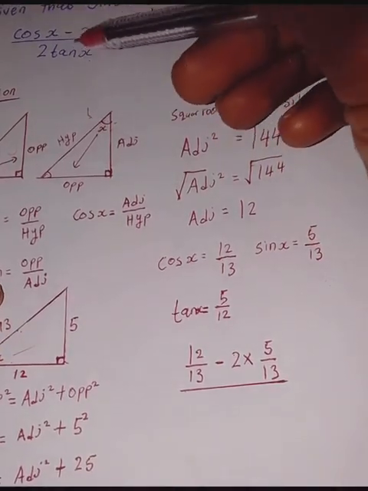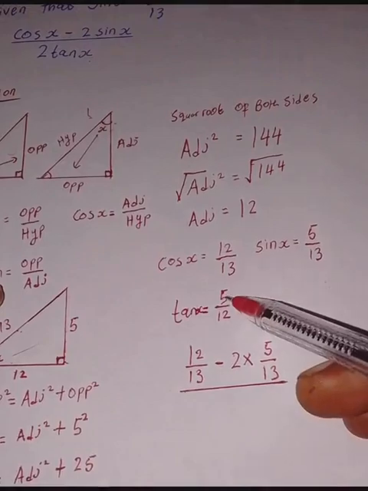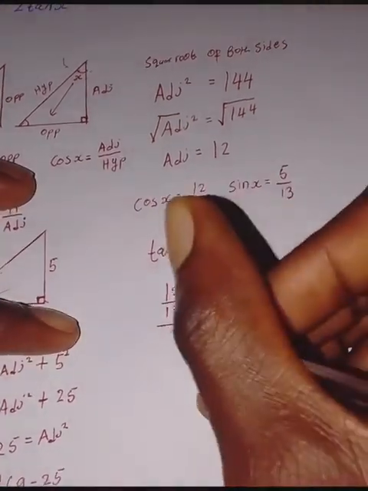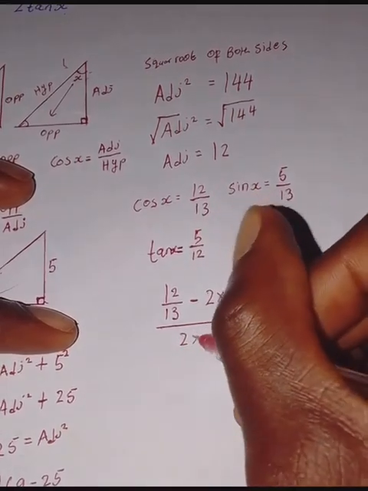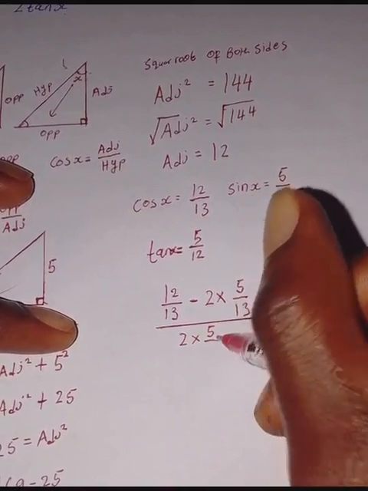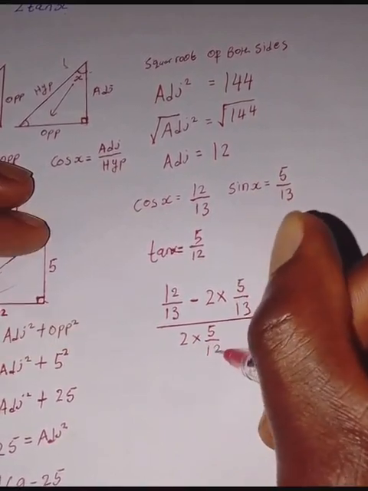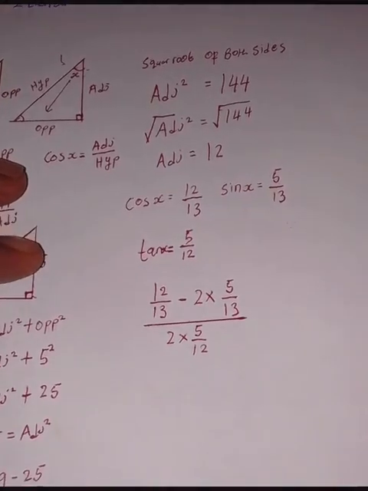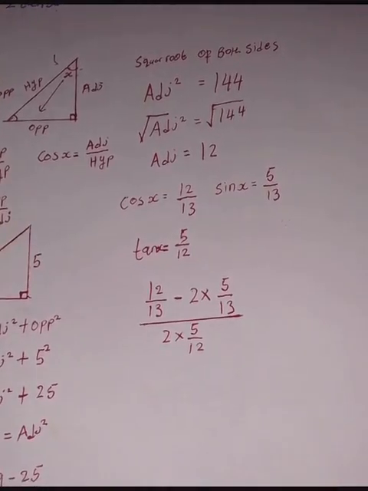So that's 2 times tan x, and tan x is 5 over 12. So that is 2 times 5 over 12. So now we start solving it out.